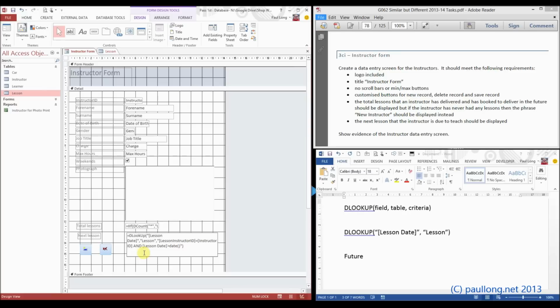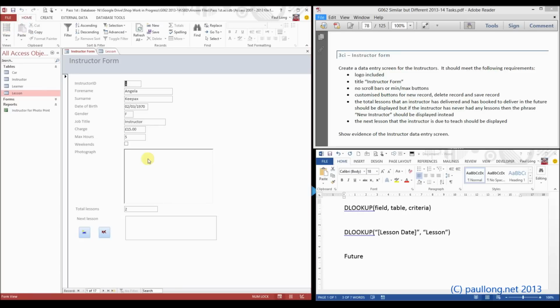So the lesson date must be after today's date. So what we're going to do is now have a look at this again, and you'll now see that Instructor 1 has not got a lesson in the future, nor has Instructor 5. But if we go to Instructor 17, they have got a lesson in the future.